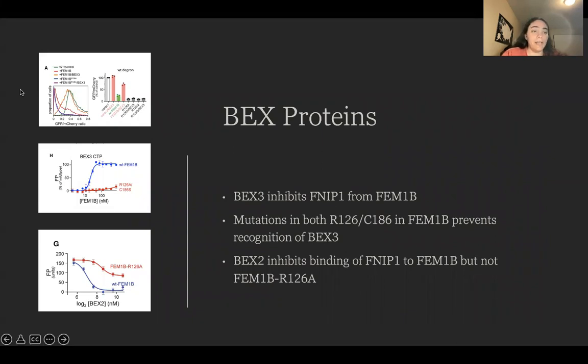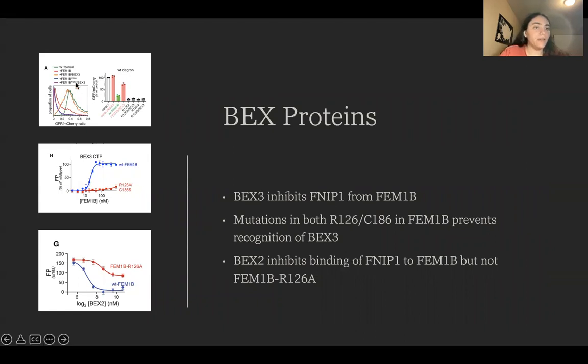And in figure A, they ran Fem1b wild type in red, Fem1b with inhibitor Bex3 in yellow, Fem1b mutant R126 in blue, and the mutant R126 with the inhibitor Bex3. They found that the Bex3 protein protects the FNIP1 from Fem1b, but not from Fem1b R126.